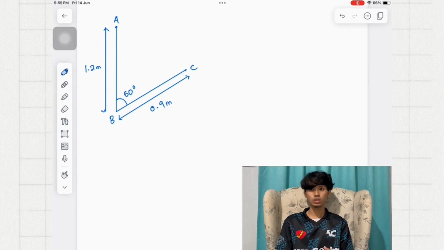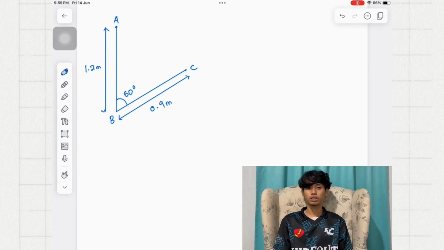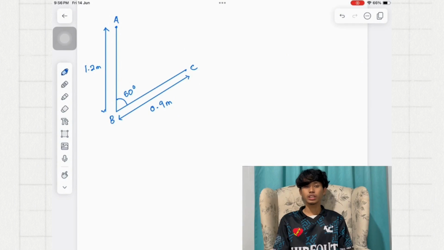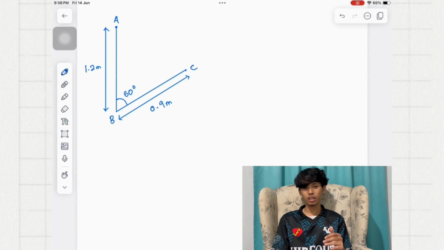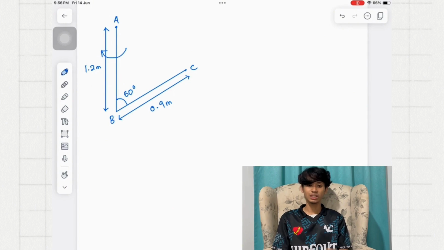We fix it at 5 meters per second. The direction of the velocity of B is going to the left, and for point C, it is going to the right and downward, where the angle for the velocity of point C is 60 degrees, the same as the angle for the two rods.